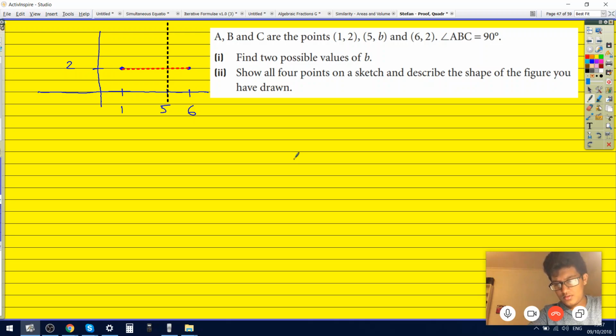So A, B, C are 3 points. So this is A. This is C. And then B has to be the third point to make it a right angled triangle.